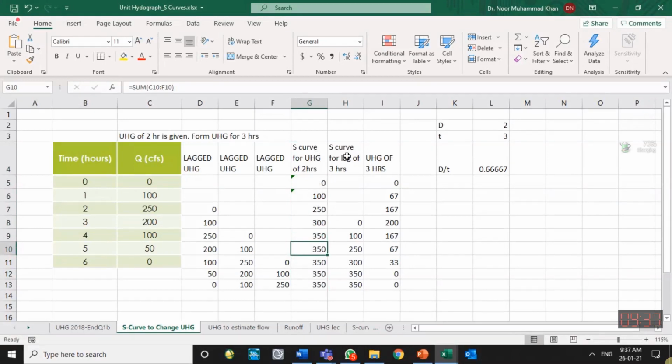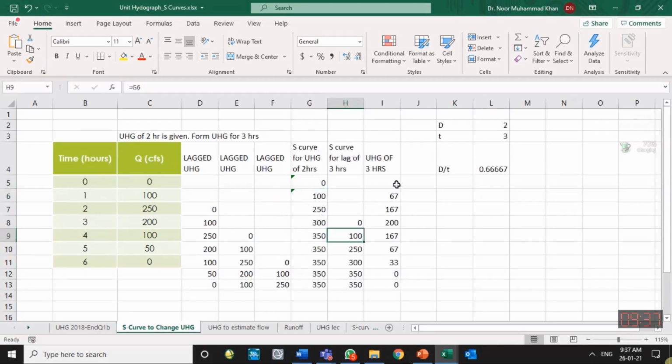Give it a lag of 3 hours, to convert it into a 3 hour unit hydrograph. So now these three parts are left empty, and we are writing these ordinates over here, 100 over here. So this is the lagged S-curve.